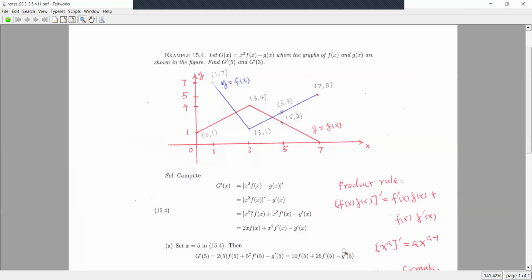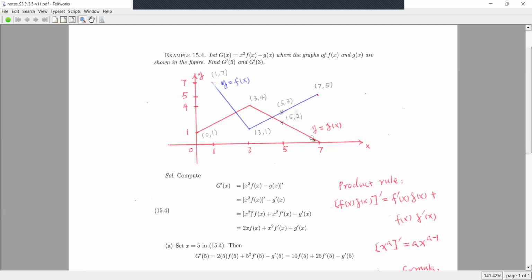Now, to determine the derivative of g at the point 5, draw a tangent line to the graph of g. At this point, draw a tangent line. Then the tangent line is this red line. The derivative is the slope of this red line.